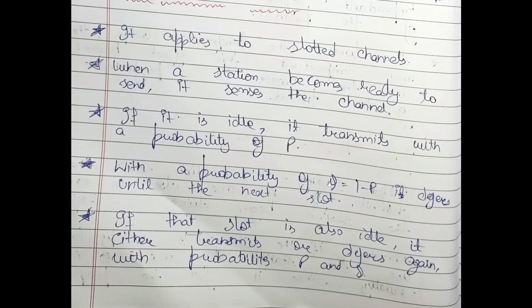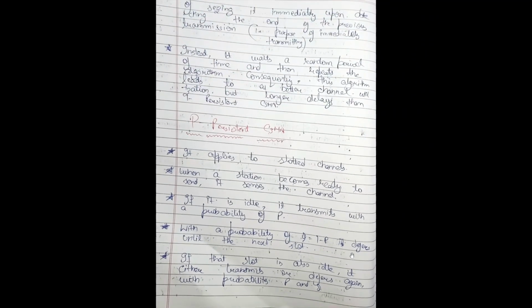Okay, if that slot is also idle, it either transmits or defers again with the probability of P and Q. There is a probability P that it will send, and there is a probability Q that it won't send.